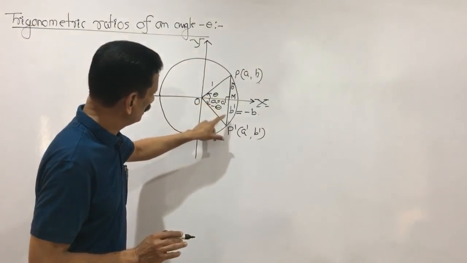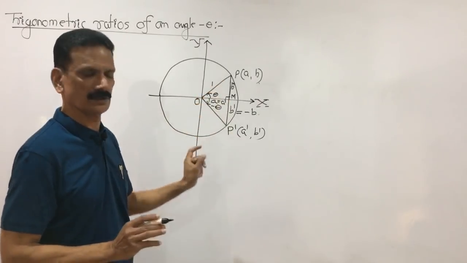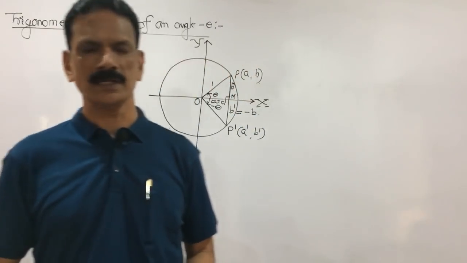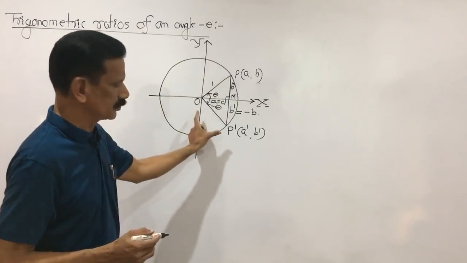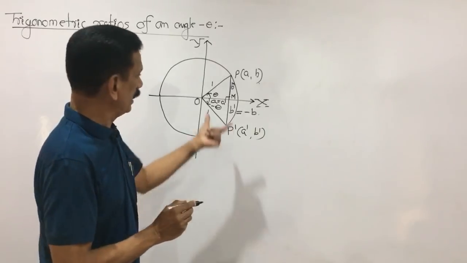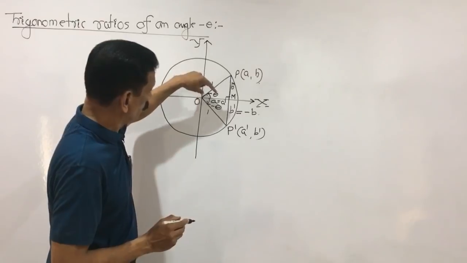So, this is 90, this is 90, this angle is theta, this angle is theta, meaning these two are the same angle, meaning congruent triangles. And in congruent triangles, corresponding angles and sides are equal, meaning OP equals OP dash, which is the radius of the circle, 1 unit, and OM is common.